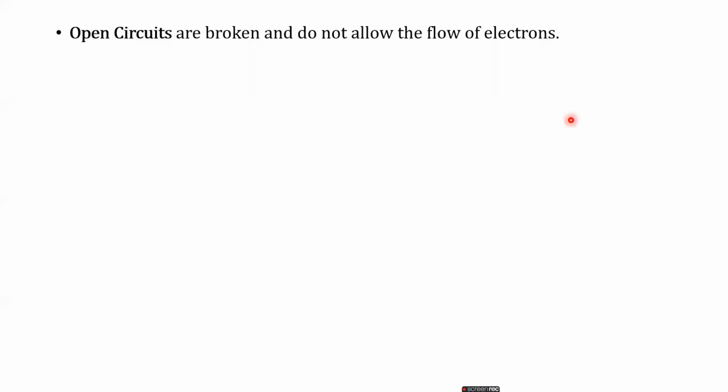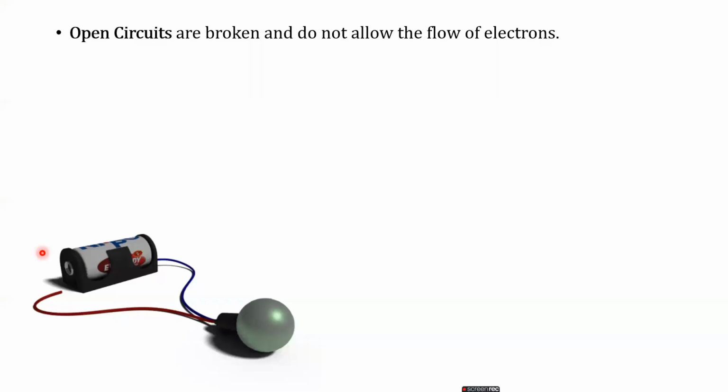What do you mean by the open circuit? These are circuits that are broken and do not allow the flow of electrons. That is called an open circuit. We can consider an image as an example.